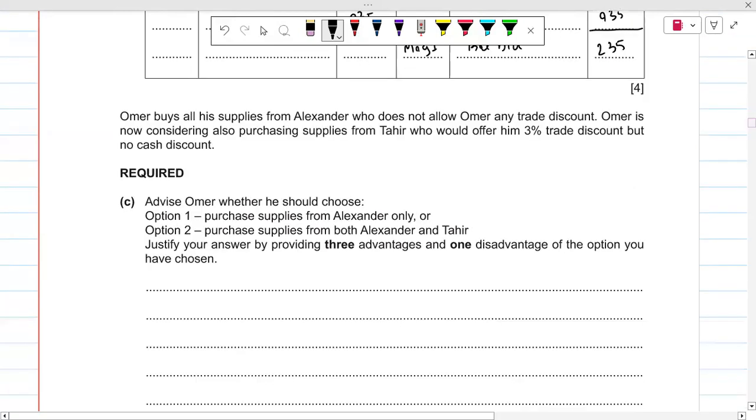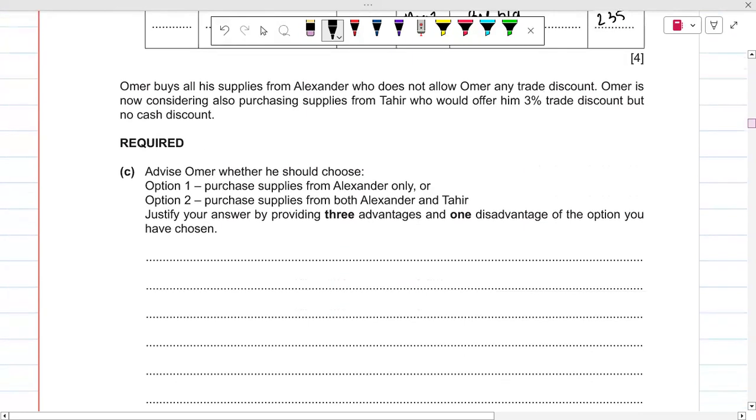Okay, so this is part C, in which we are going to advise Umar whether he should choose option 1 or option 2.